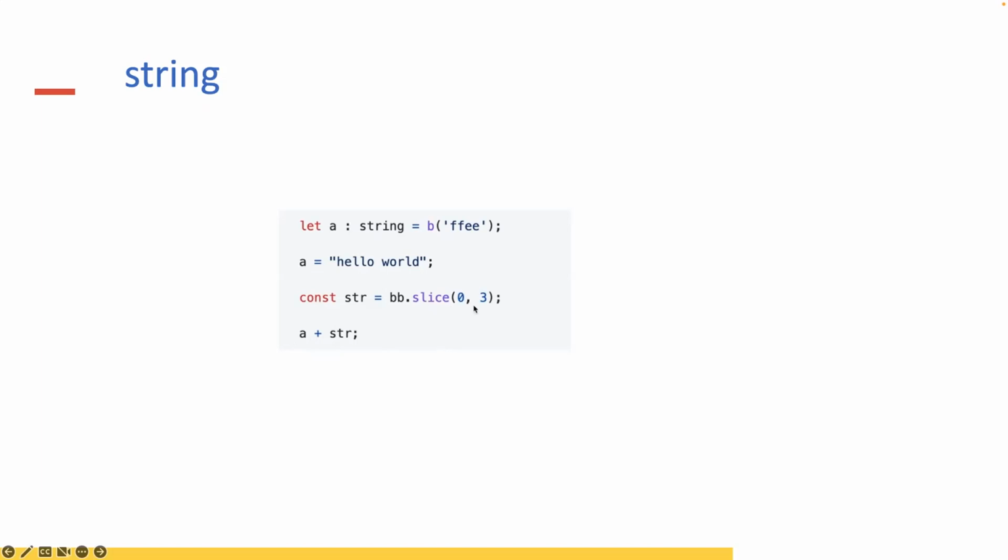The other one is slice, so you can get a substring of the string, say from 0 to 3, but not including 3. For anybody who has seen slice in JavaScript or TypeScript before, this should be straightforward. Any question here?